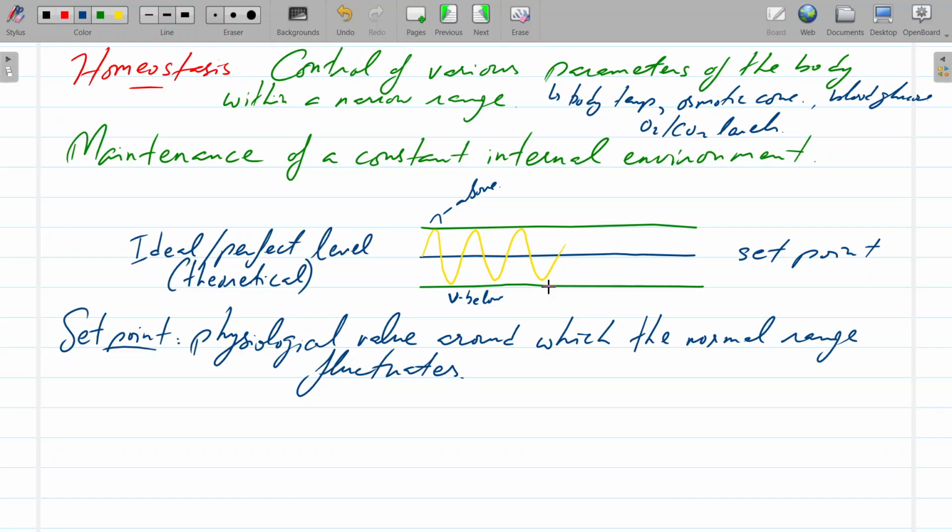The body does not want the body's temperature to rise. But other mechanisms cause the body temperature to rise, because raising the temperature will kill off the invading pathogen, the harmful, whatever it is, virus or bacteria or whatever.